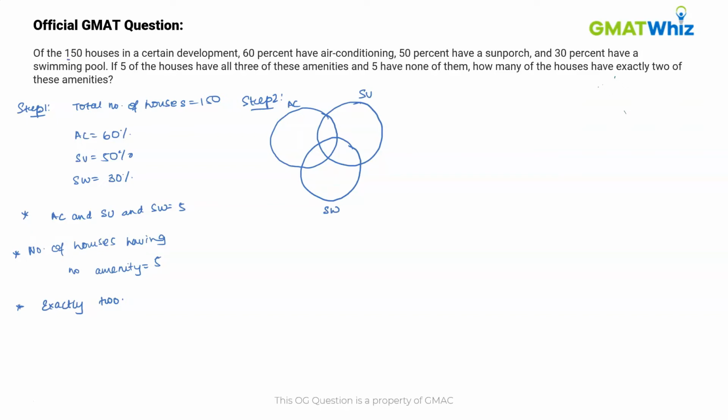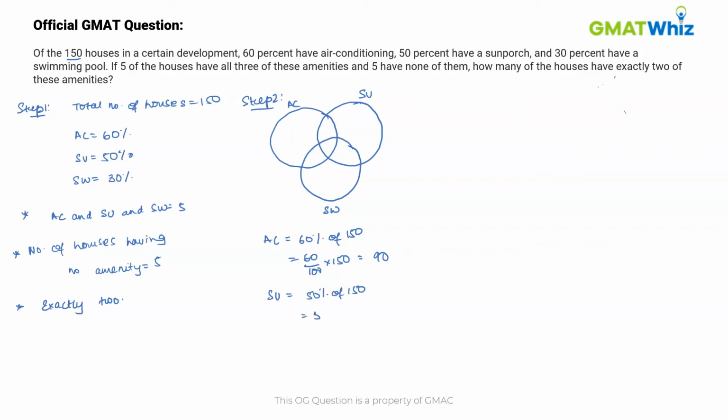Then, since we know the total number of houses, we can find the actual number of houses who have air conditioning, which will be equal to 60% of 150. This is equal to 60 by 100 times 150, which equals 90. Similarly, the number of houses which have a sun porch is equal to 50% of 150.